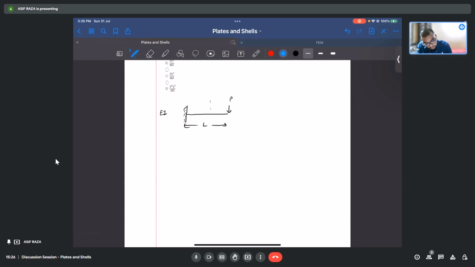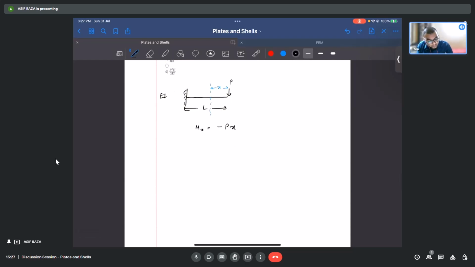At a section X, what do we have as the moment at this section? The moment at X is minus Px, right?